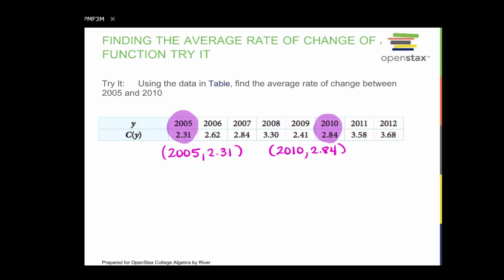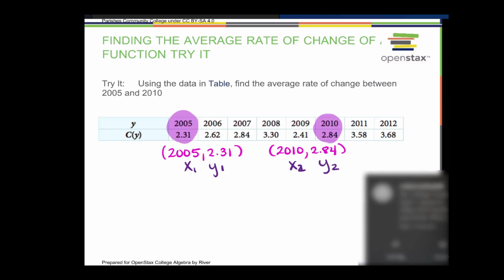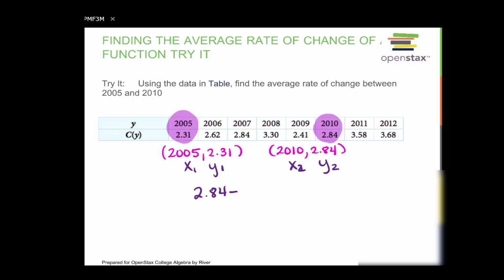We'll label these x and y of the first point, x and y of the second point. So y2, which is 2.84, minus y1, which is 2.31, over x2, which is 2010, minus x1, which is 2005. So it should be y2 minus y1 over x2 minus x1.